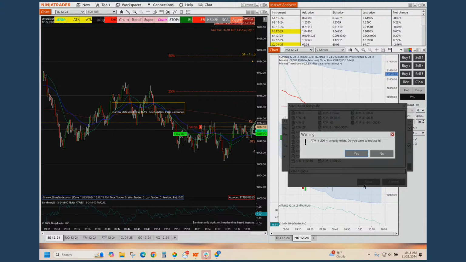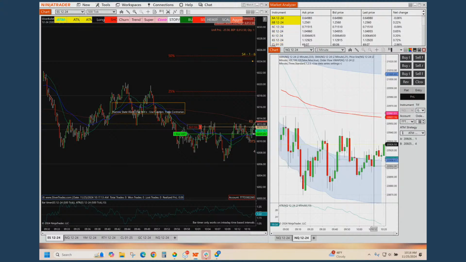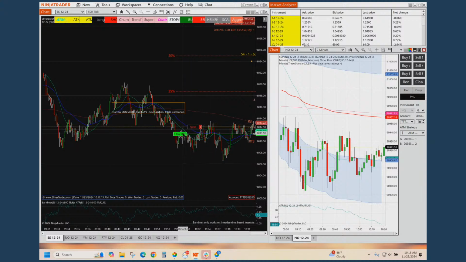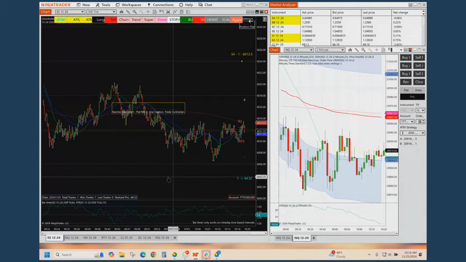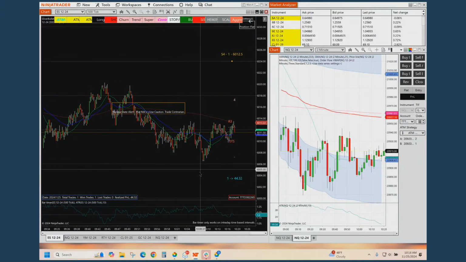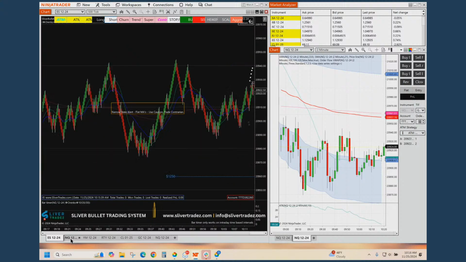So I update it. Market's going against me a bit. This one should be with 4 tick here. Okay. All right. Target. So $44 after commissions. So contrarian trade was successful here.